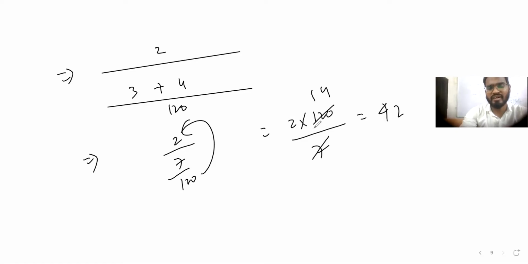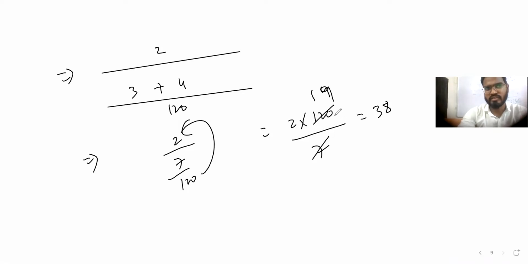No, sorry. What is the average speed going to be? 2 into 120 is 240, divided by 7. 1 time, 5 and 9 times, so it is going to be 38 point something.